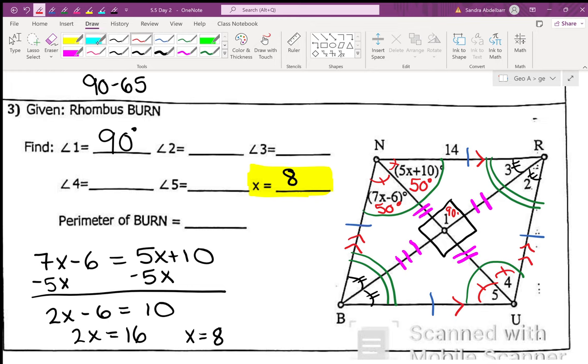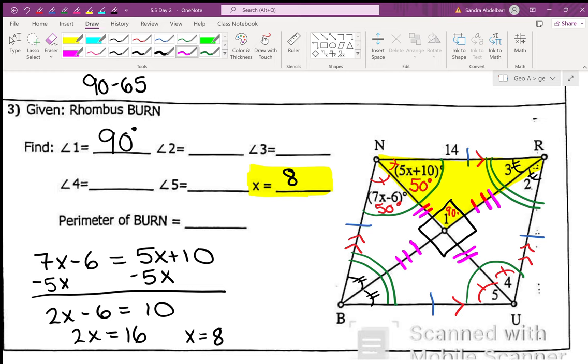How am I going to find angle 3? Do you all see this triangle? Oh, I deleted one of my markings, sorry. There we go. All right, in this triangle, are the legs congruent?